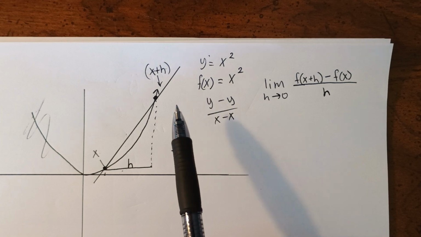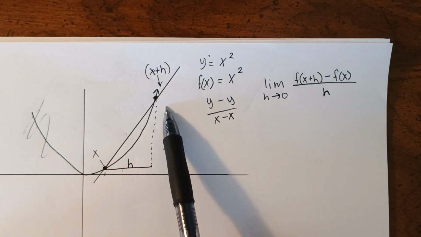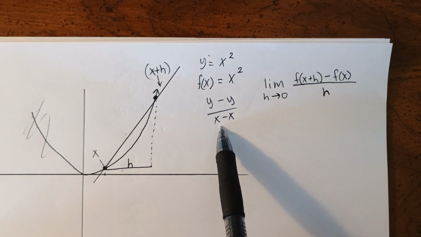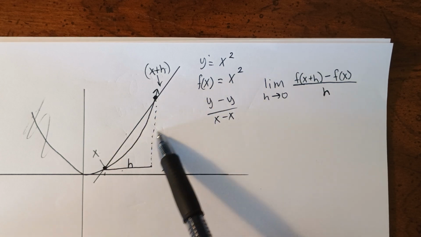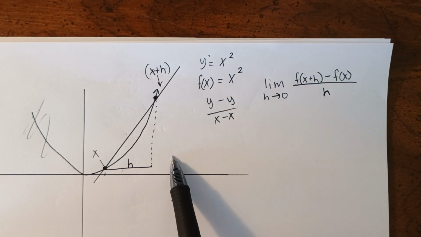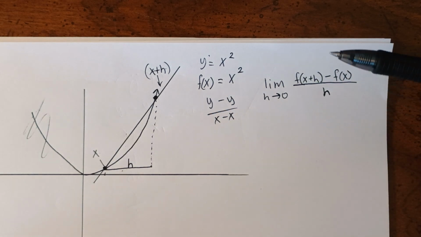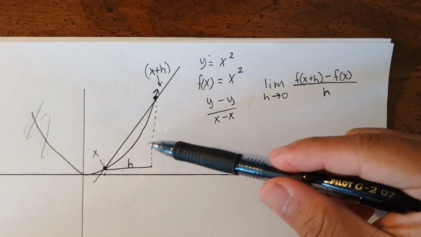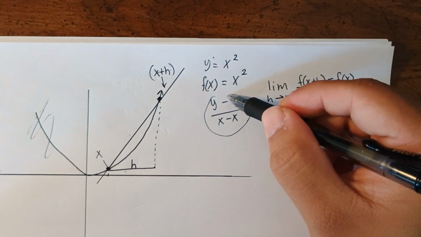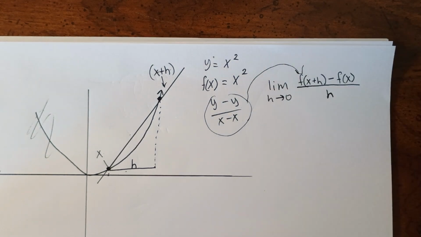So we don't want 2 points, we just want 1 point. But it's really easy to find the slope of 2 points, right? You just do this formula right here and you get your slope. So we want to do this in a similar way. And this is just this in disguise. It's really just the same thing.